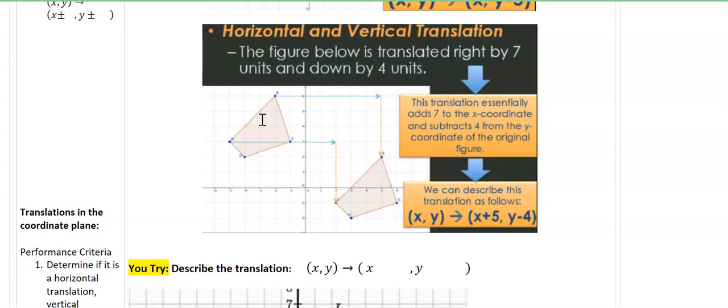Sorry, I said that wrong. The figure is being translated to the right by 7 units. So this shouldn't be +5, it should be +7. So I am going to fix that. And our y unit is moving 4 units down, so that would stay as y minus 4.